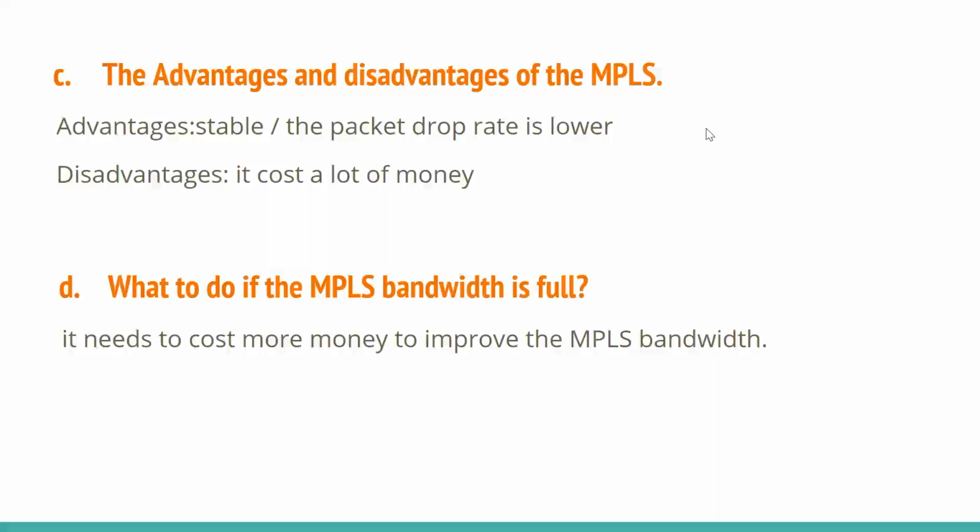But the drawback is it costs a lot of money. D, what to do if the MPLS bandwidth is full? We may have to spend more money to increase the MPLS bandwidth.